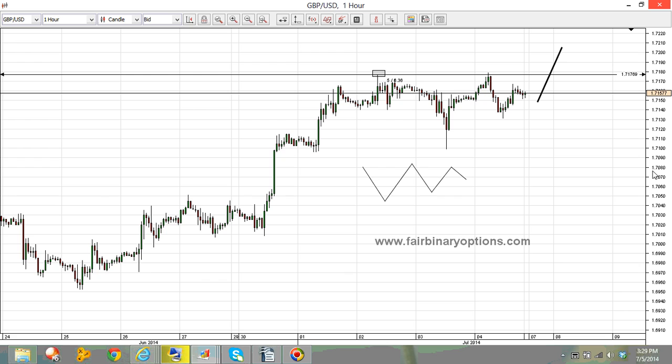Now, of course, when you trade binary options, frankly, I don't care if the market is moving 100 pips in my favor, or only a couple of pips, or only a couple of tens of pips. It doesn't really matter. From this point of view, what we should look for is the potential B2D trend line here to be broken, which is not yet broken.